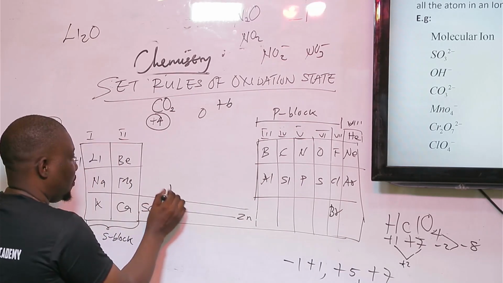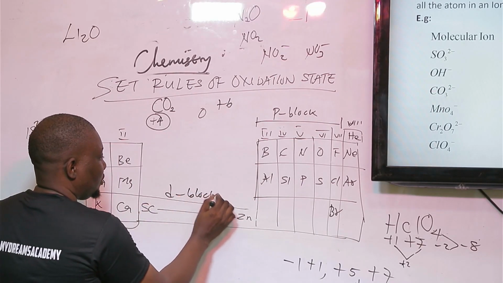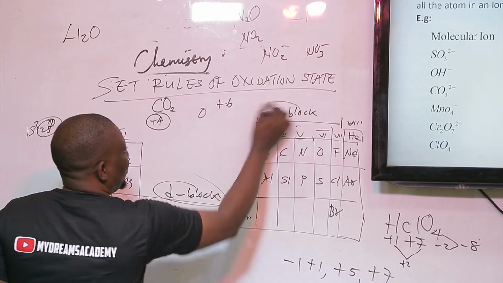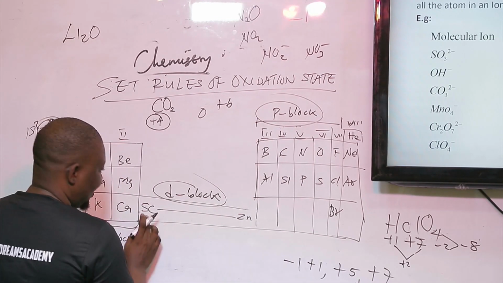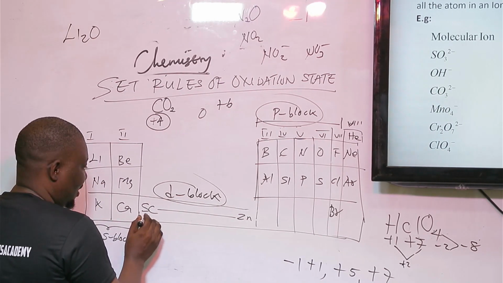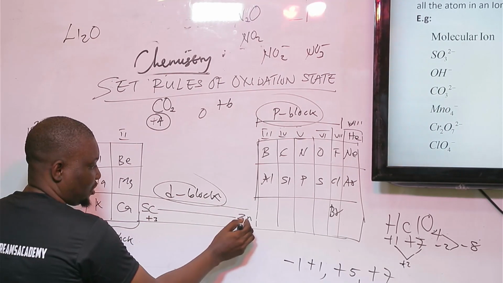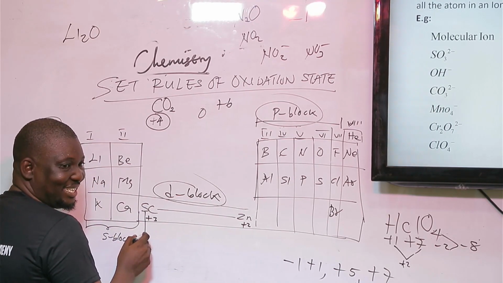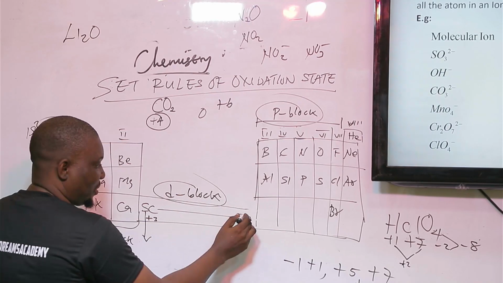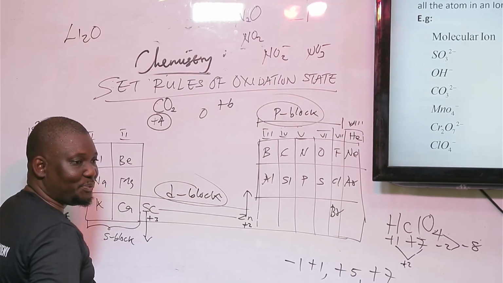Even those of D block. So this block and this block tend to vary. The only ones that do not vary are the ones I represent here. This one can only have plus 3, and this one can only have plus 2. There are reasons. This is because there is a vacancy in the d subshell, and this is also because there is a completely filled d subshell.